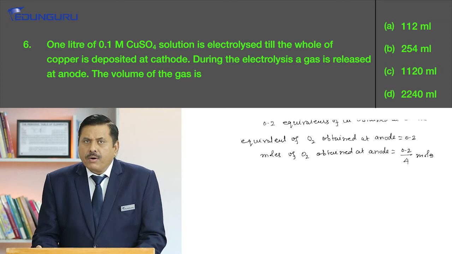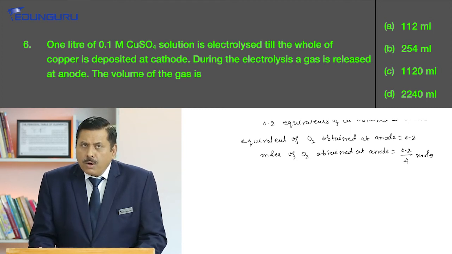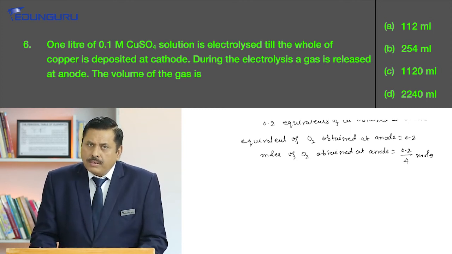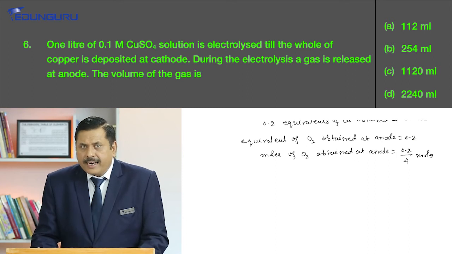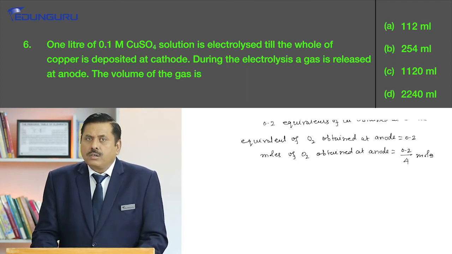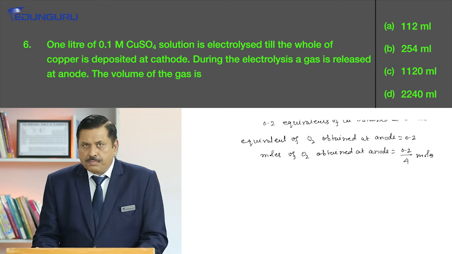Now, we know 1 mole of any gas at 273 Kelvin and 1 atm pressure occupies 22.4 liters.